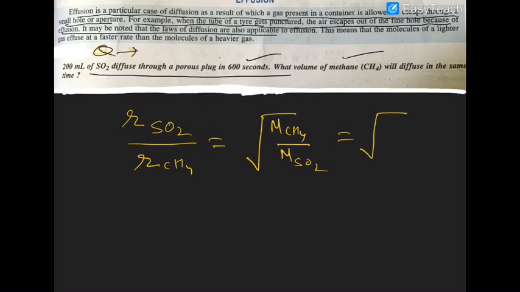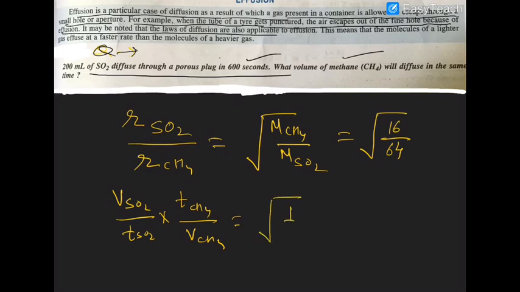What is the molar mass of methane? That is 16. Molar mass of SO2 is 64. Rate equals volume of SO2 by time taken by SO2, into the reverse of that, time taken by methane by volume of methane, will be equal to 1 by 4.